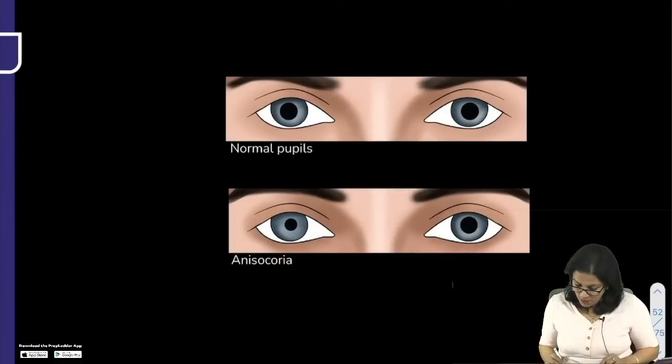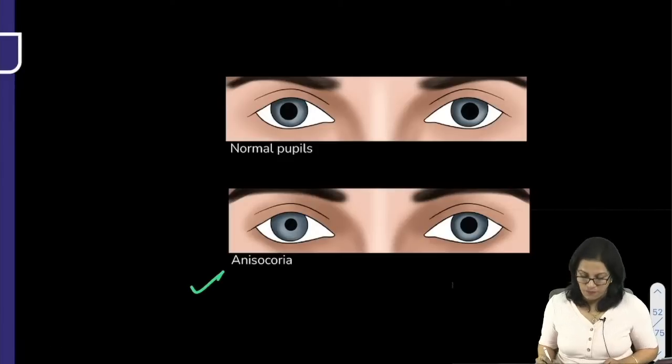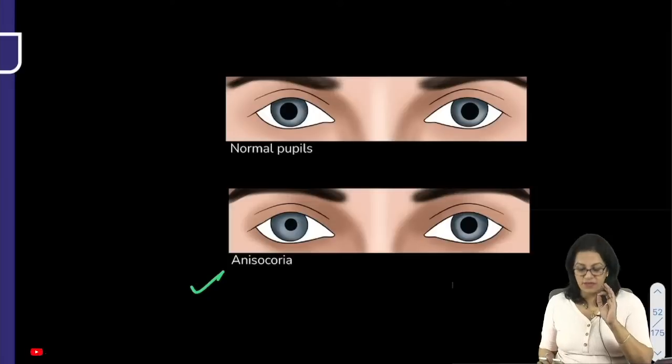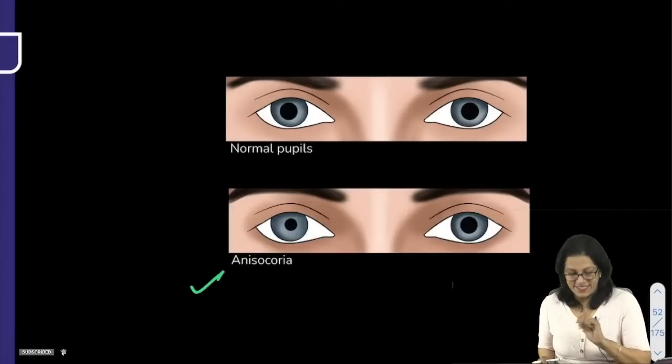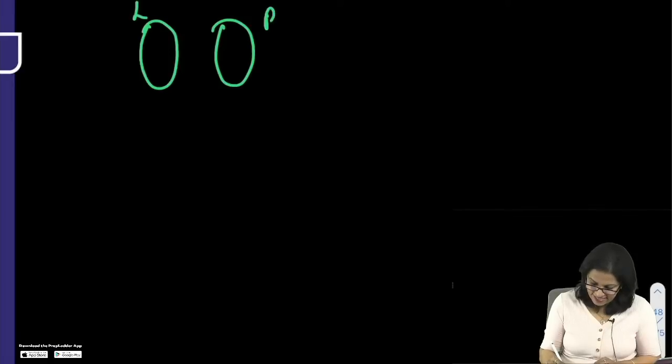Now when you talk about difference in the pupil size, first very interesting tip I am giving you, it is always a lesion of efferent pathway where you get anisocoria. So everybody remembers the light reflex pathway, I hope. Everybody remembers this, that if this is the left retina, right retina, and this is again equally divided into nasal temporal. So what did we say?